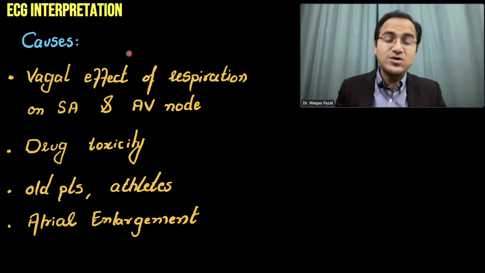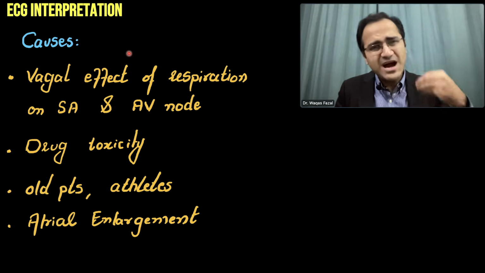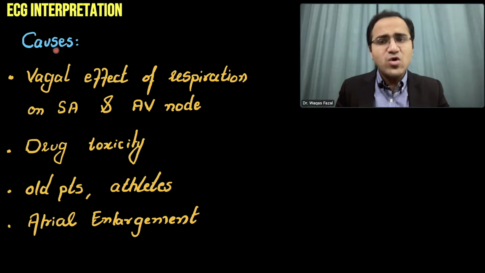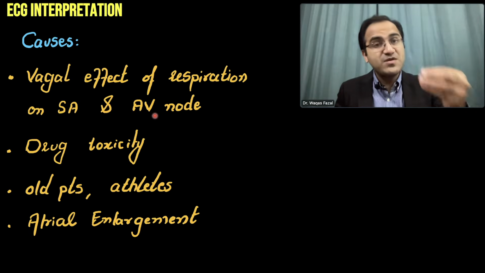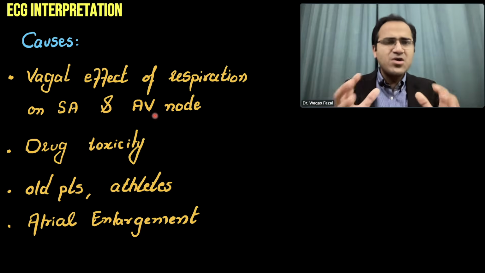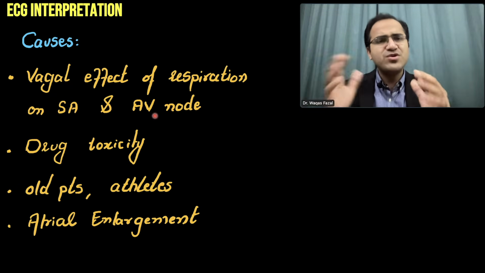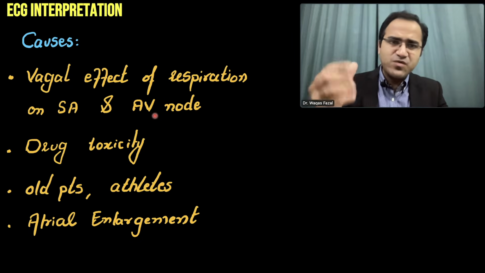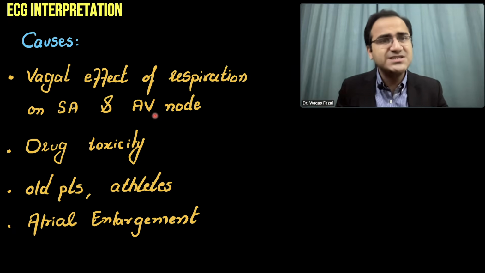Now coming to the causes of wandering atrial pacemaker, how do these ectopic foci appear in the atria? The causes include vagal effect of respiration on SA and AV node. Sometimes a vagal stimulation slows down SA and AV node to an extent that these ectopic foci take charge of the atrial depolarization. Now, normally in a vagal respiration, you would not see these ectopic foci and these morphological changes in the P waves.